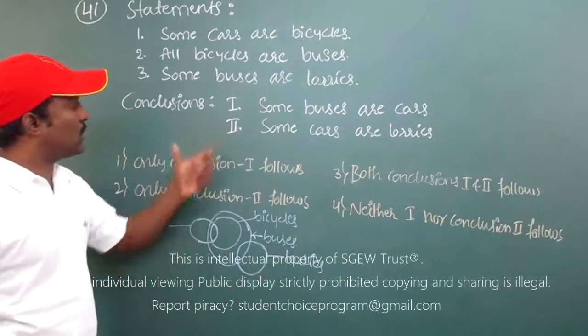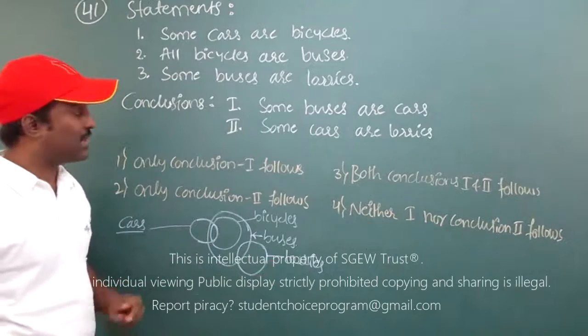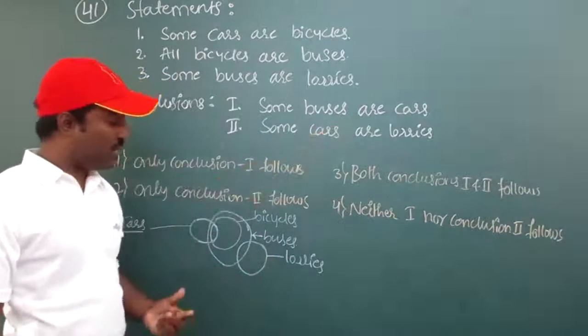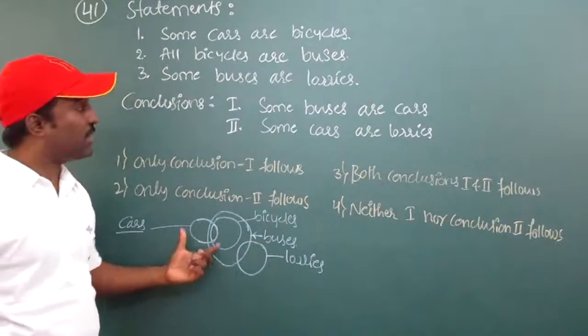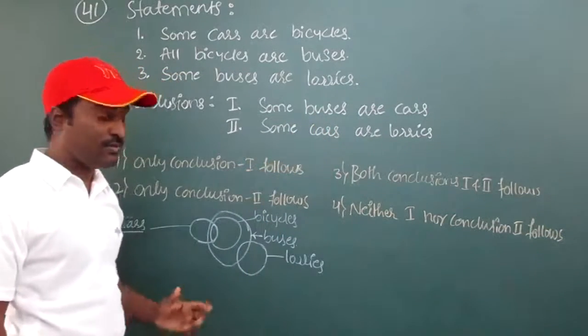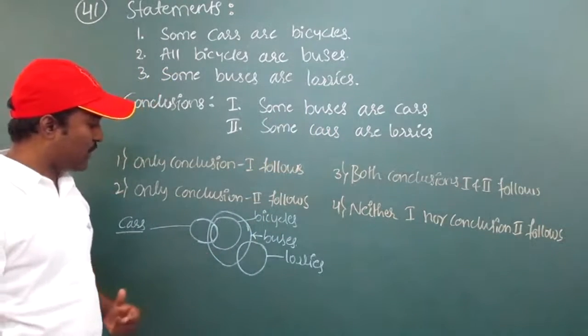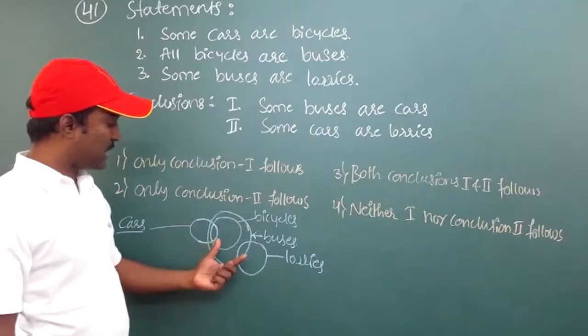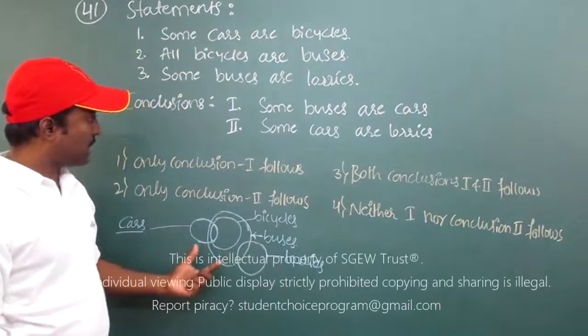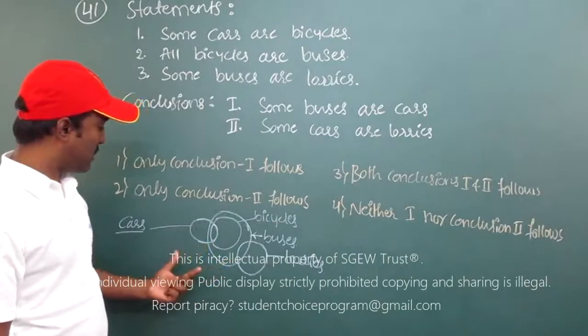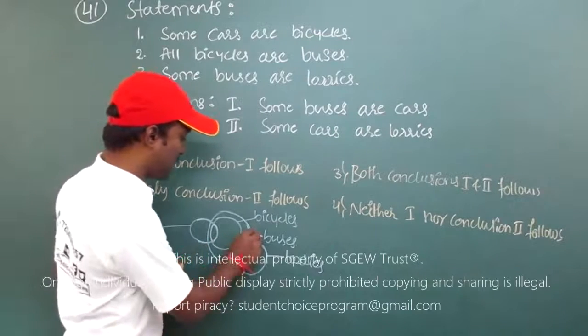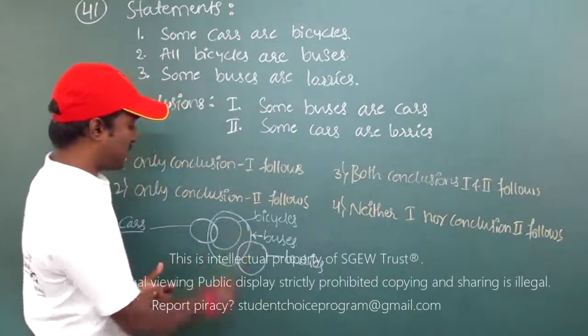And now coming to the first conclusion, it says that some buses are cars. If you see the Venn diagram, can you find some buses are cars? The bus circle is this, and some buses are cars.